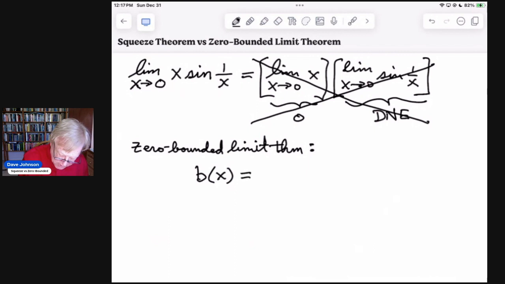So b of x is equal to sine 1 over x. And I say that because sine of 1 over x is bounded between -1 and 1. And remember, if you go back and look at that video, the zero-bounded limit theorem doesn't say anything about whether the limit exists for the bounded function. It doesn't say anything about the limit at all for the bounded function. It only has to be bounded, okay?